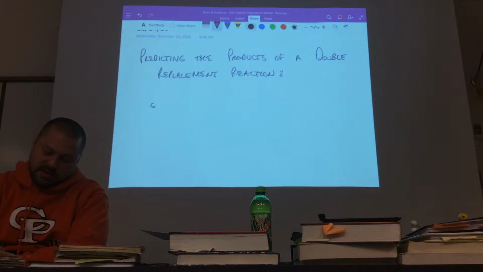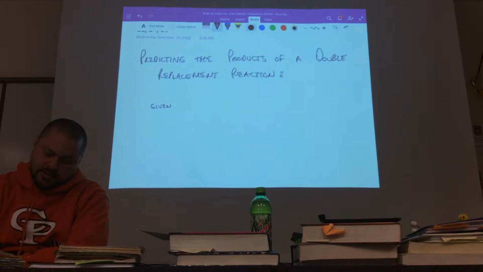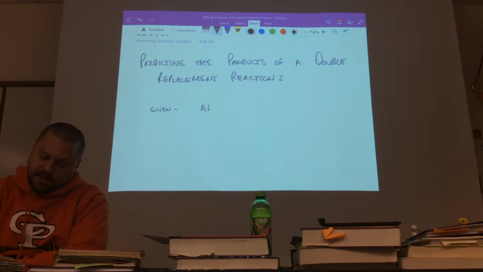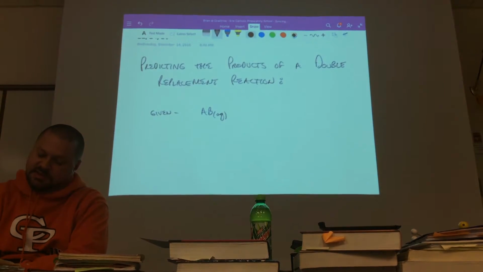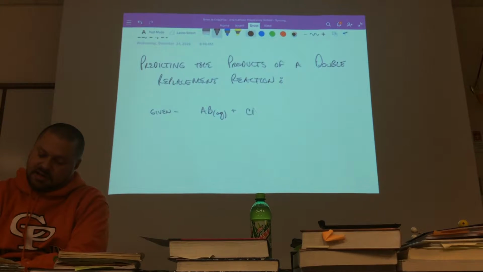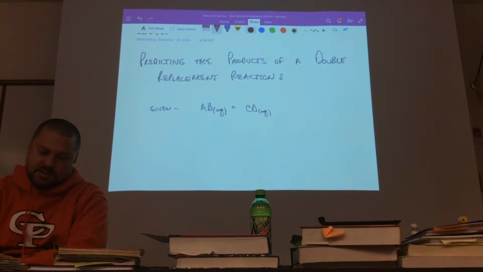So let's say we're given AB aqueous, because it's in solution, plus CD aqueous to yield.